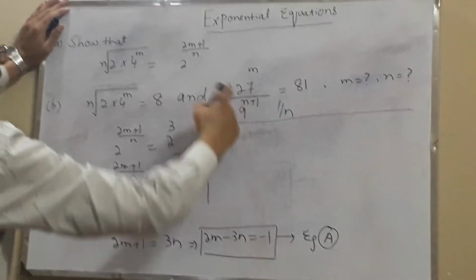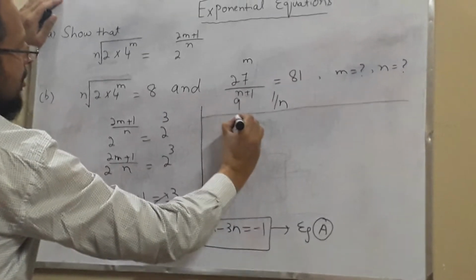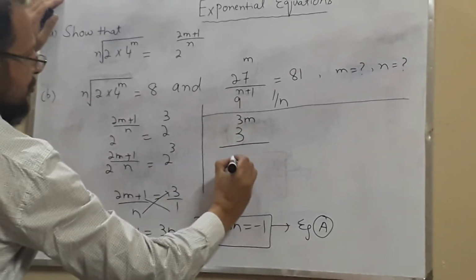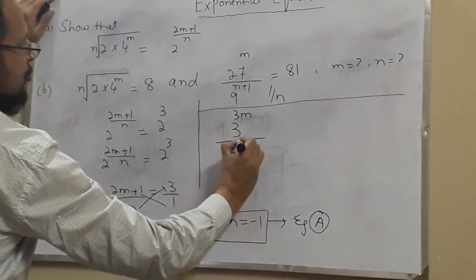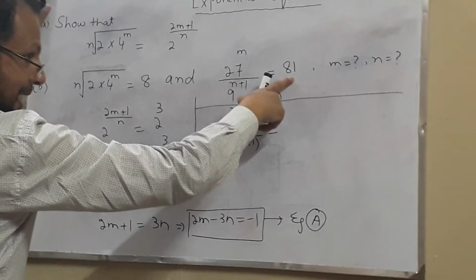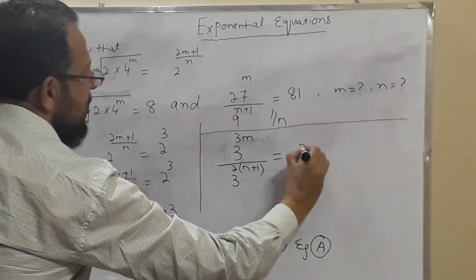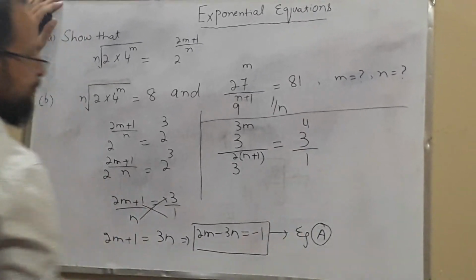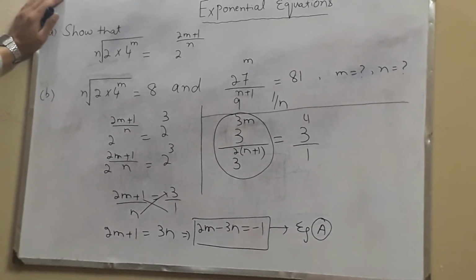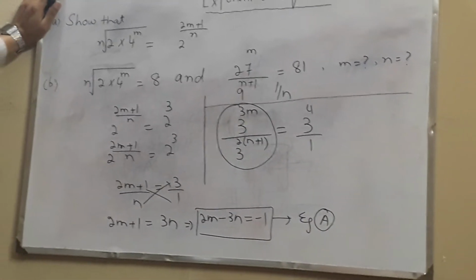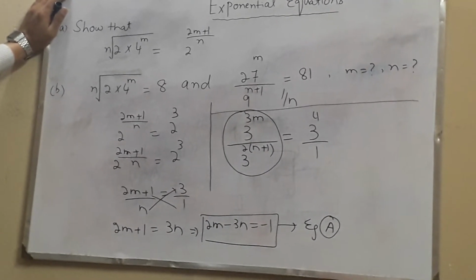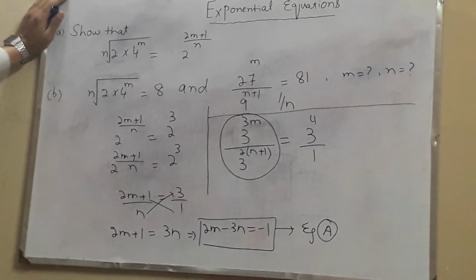Now this can be written in the form 3 raised to the power 3m, and this can be written as 3 raised to the power 2 into n plus 1, which is equal to 81, which can be expressed as 3 raised to the power 4 over 1. Now over this fraction, applying the second law of indices, which says when same bases are divided, then their powers are going to be subtracted.